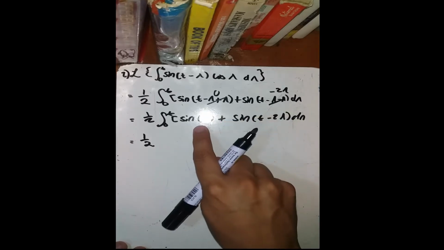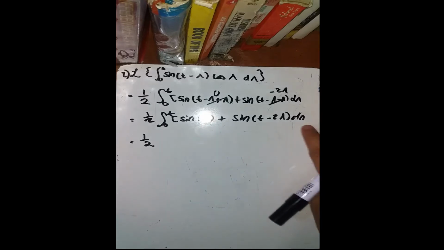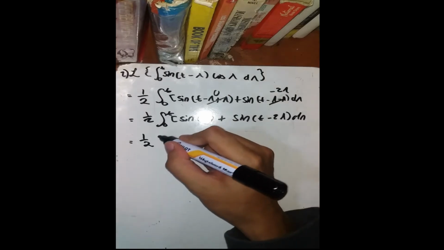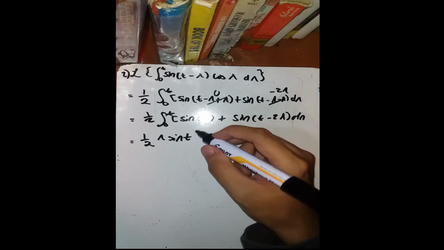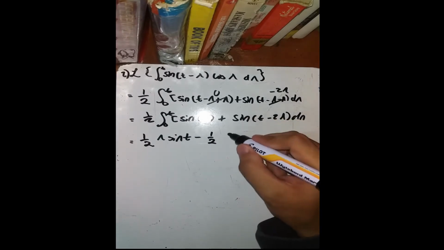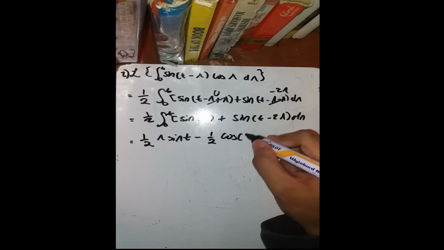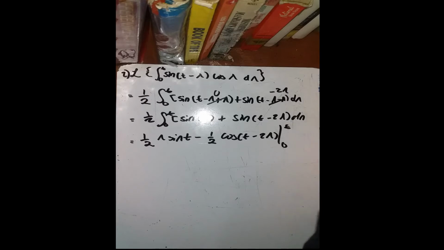So since sine t, your t is always a constant, because based on here we have lambda as the variable. So this will become lambda sine of t minus 1/2 of cos of t minus 2 lambda, with limits 0 to t.